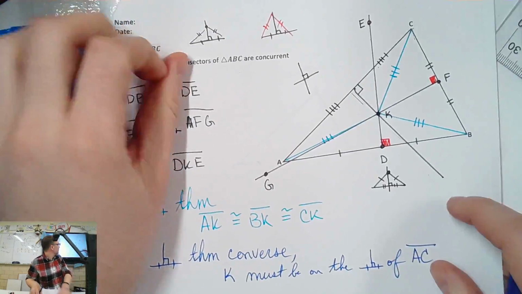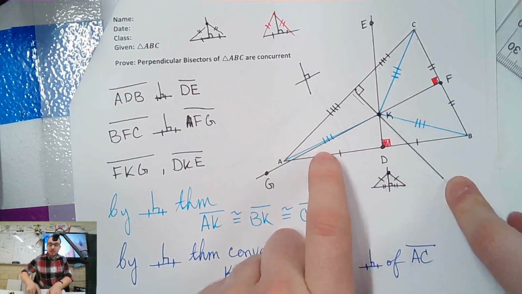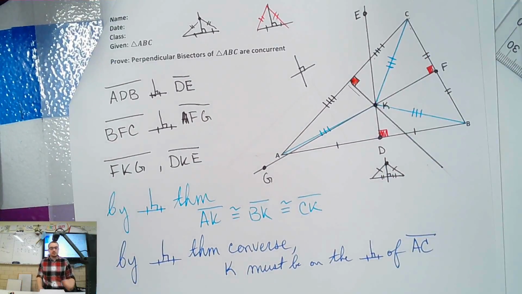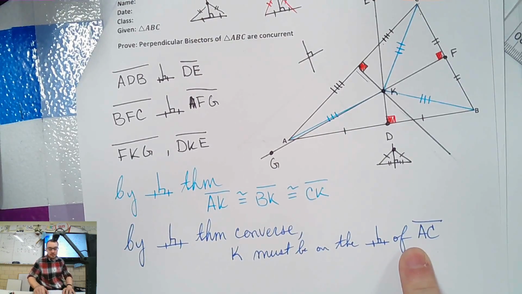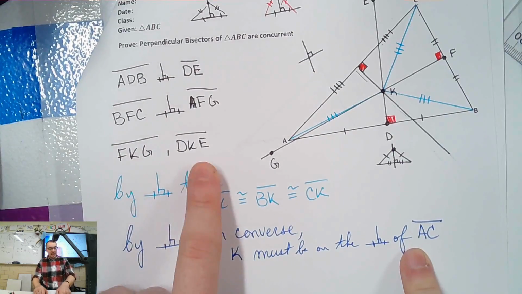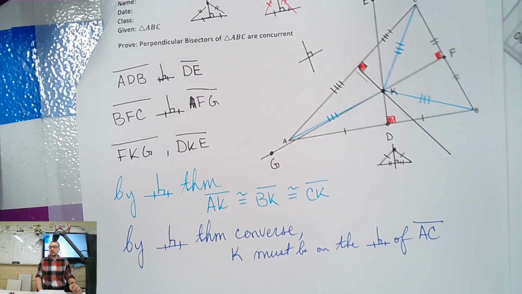Well, we had this. We had it right here. So it must be on this guy's perpendicular bisector. So if K is on the perpendicular bisector of AC, and it's on the perpendicular bisector of FG, and it's on the perpendicular bisector of DE, then they're all concurrent, aren't they?